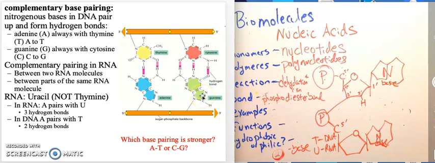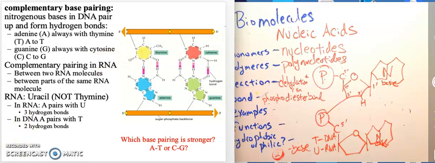The only difference is during transcription, when we make RNA, an A in the DNA would match up with a U in the RNA. The fact that a pyrimidine matches up with a purine, and A goes with T and C goes with G, or A in DNA goes with a U in RNA, is called complementary base pairing. It's this principle that allows for the copying of DNA during DNA replication and transcription, reading the DNA to make RNA.